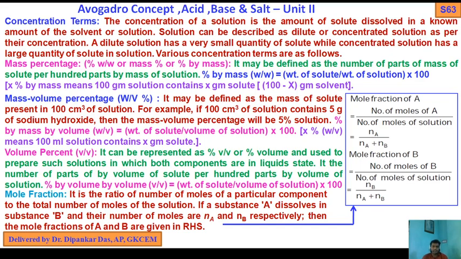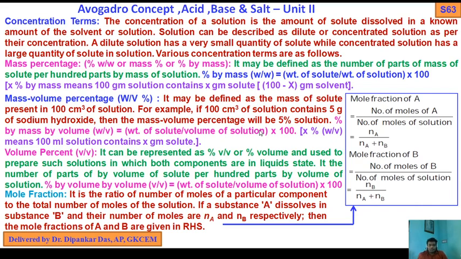Next, mass by volume percentage, W by V percentage. It may be defined as the mass of solute present in 100 centimeter cube of solution. For example, if 100 centimeter cube of solution contains 5 gram of sodium hydroxide, then the mass by volume percentage will be 5%.